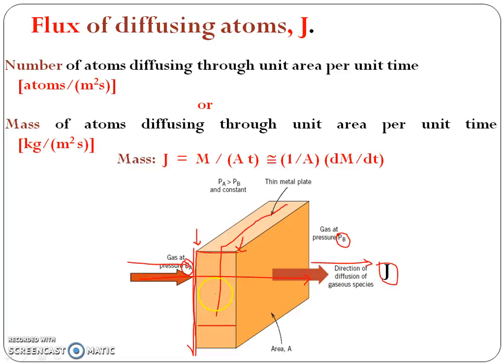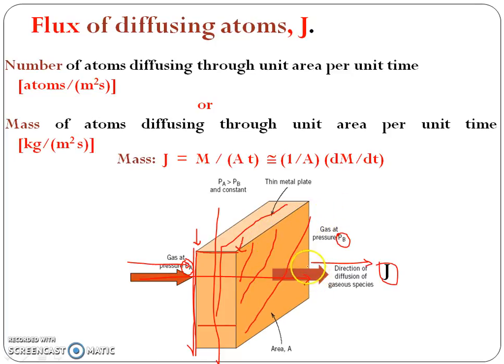The perpendicular direction is the y-axis direction. That means the area of the slab or metal plate is exactly perpendicular to the direction of flow. The total area of the surface through which this diffusion process is happening should be taken into consideration for calculating flux.